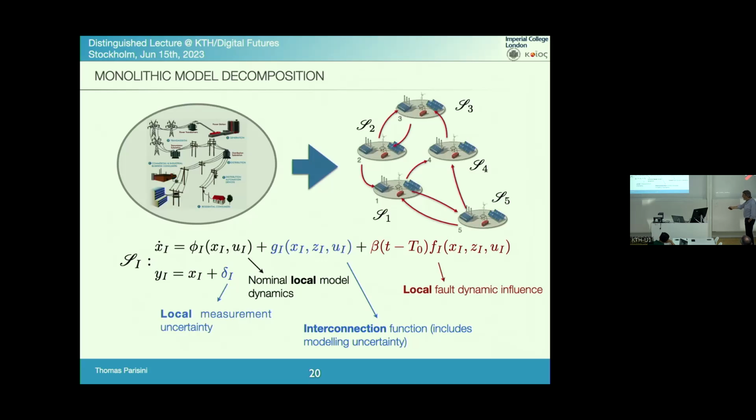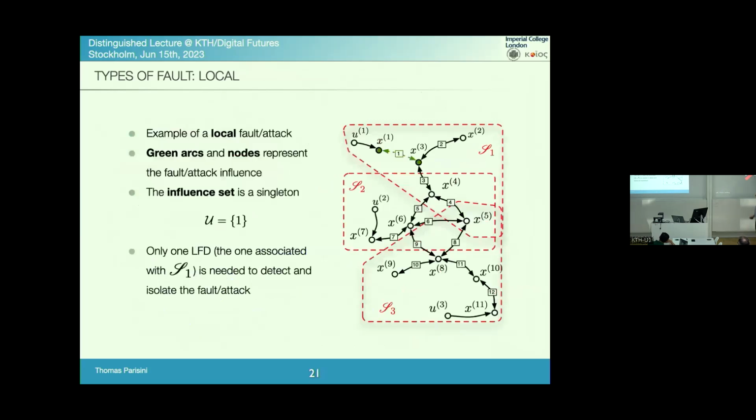And here, this red part is a little bit more complicated than before, because now what you represent here is the influence of the fault on your local subsystem, which might only be a part of the dynamic influence of the fault, of course, okay? And let me explain what I mean by an example. Here, what I'm going to say is that we have two kinds of faults, okay?